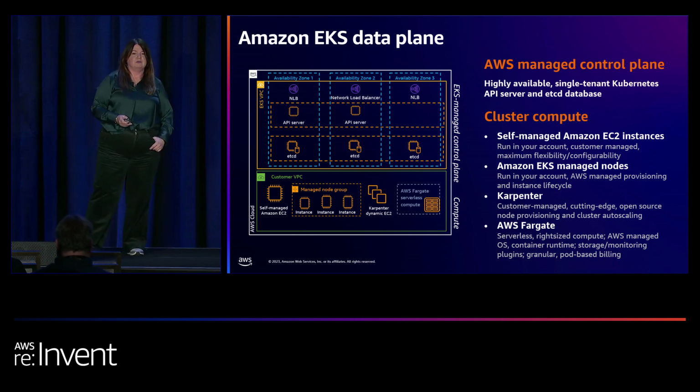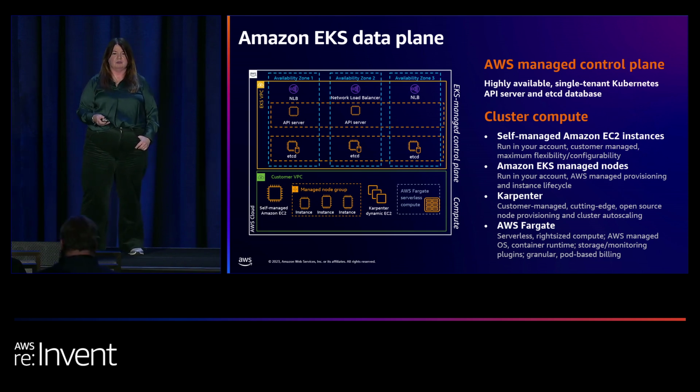With EKS managed node groups, which is another option, we step in and take some of that responsibility away from you. We help you both in provisioning the nodes, in scaling them, and in handling them during the upgrade process. And then we've got Karpenter. Karpenter's the new kid on the block.